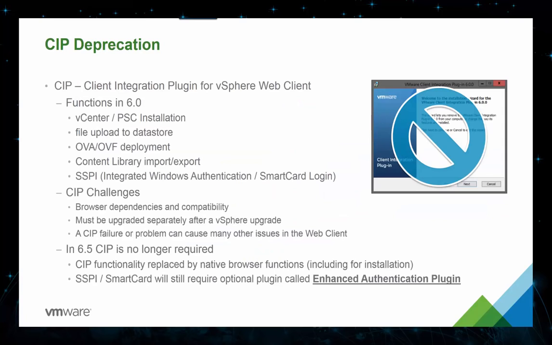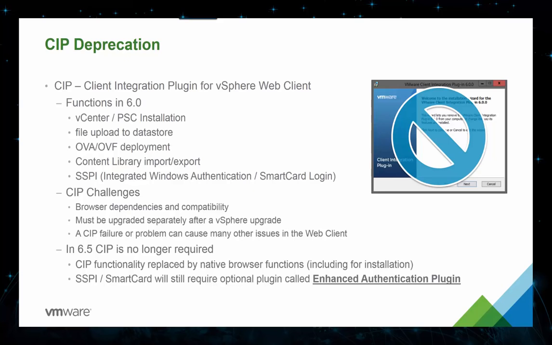As some of you may know or remember, the current vSphere web client requires the Browser Client Integration Plugin, or CIP. The CIP plugin was somewhat troublesome to work with and caused numerous issues, especially when deploying the vCenter Server Appliance initially. It also had to be upgraded with each vCenter version update.